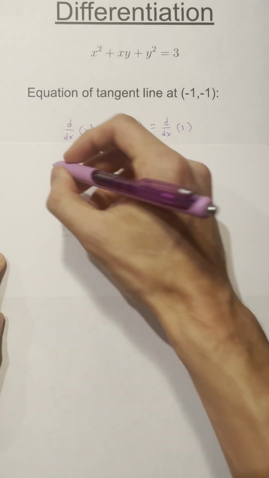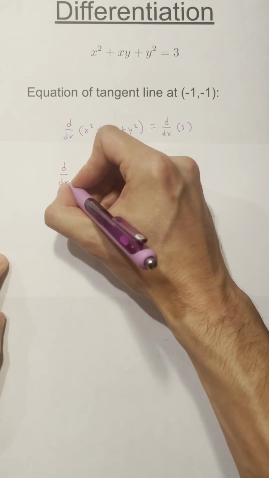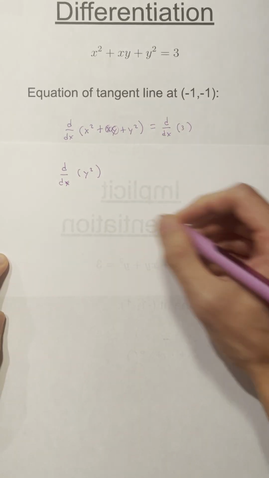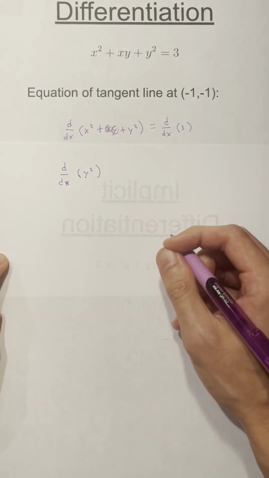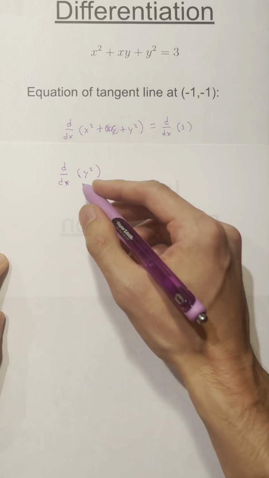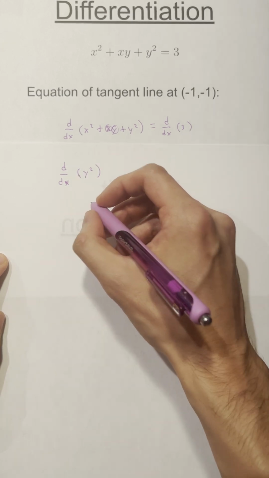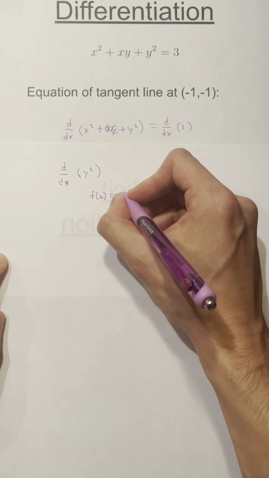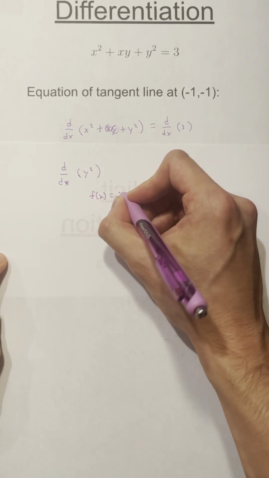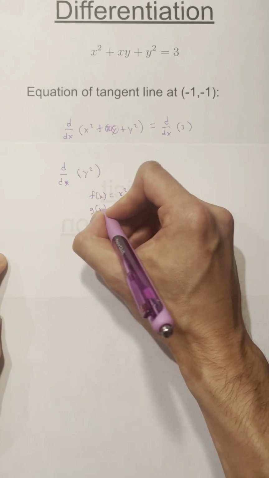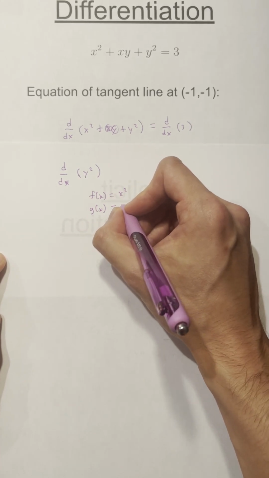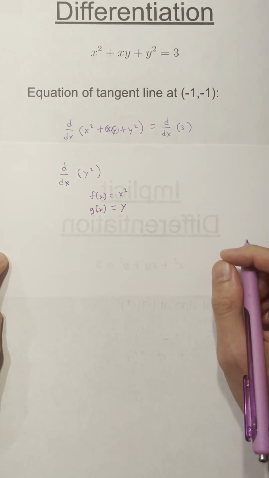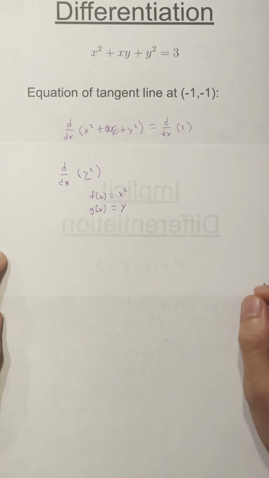Okay, so we want to find d dx of y squared. Well, if I let f of x be equal to x squared and g of x be equal to y, then what does this turn into?